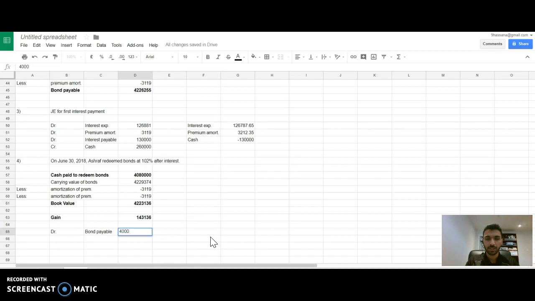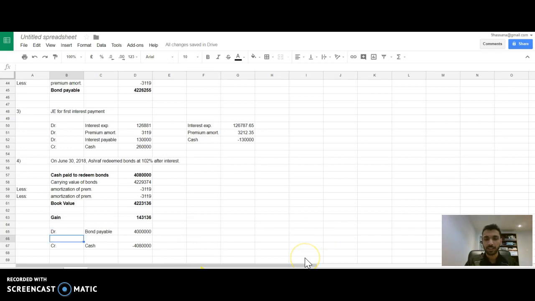Since it was a credit account, we're going to debit it. So that's $4 million. The second thing you want to do is record the cash that was paid to retire the bonds, and that was the 4080 up top from here. This 4080. So that's a credit to cash. So these two amounts are very easy, the 4 million and the 4080.